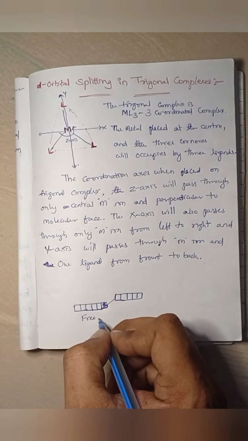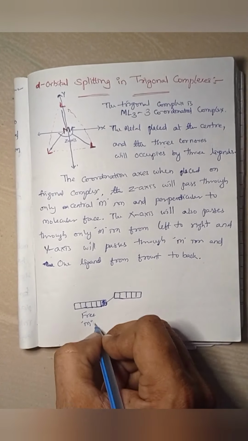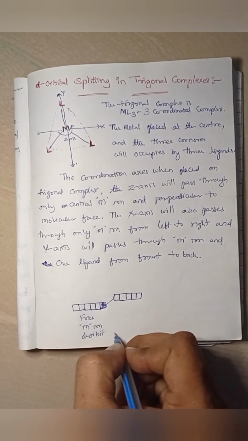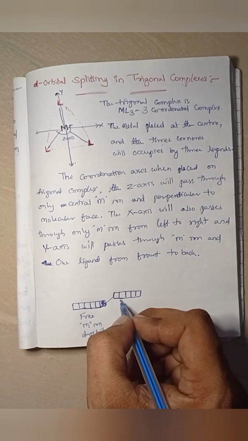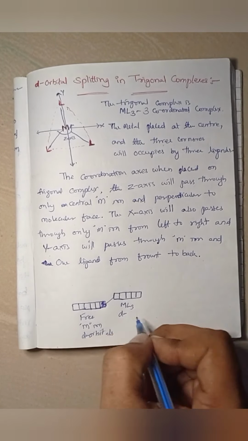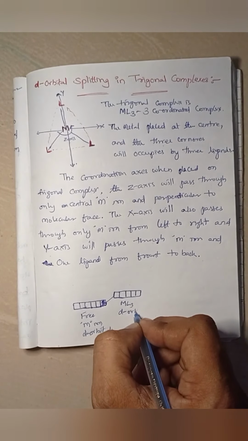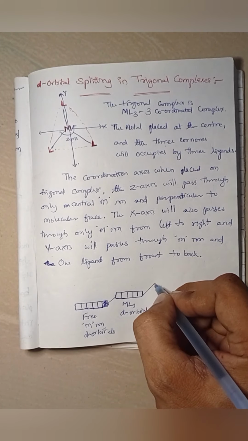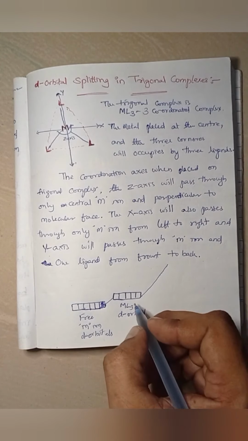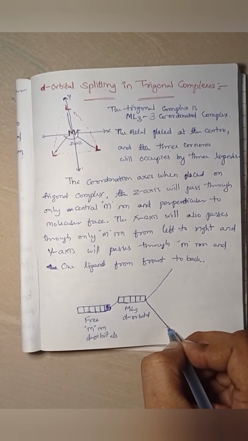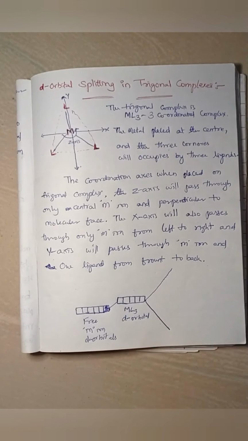This represents the free metal ion d orbitals, and these slightly excited d orbitals express the complex d orbitals at the initial stage, and after this the splitting will take place, right?